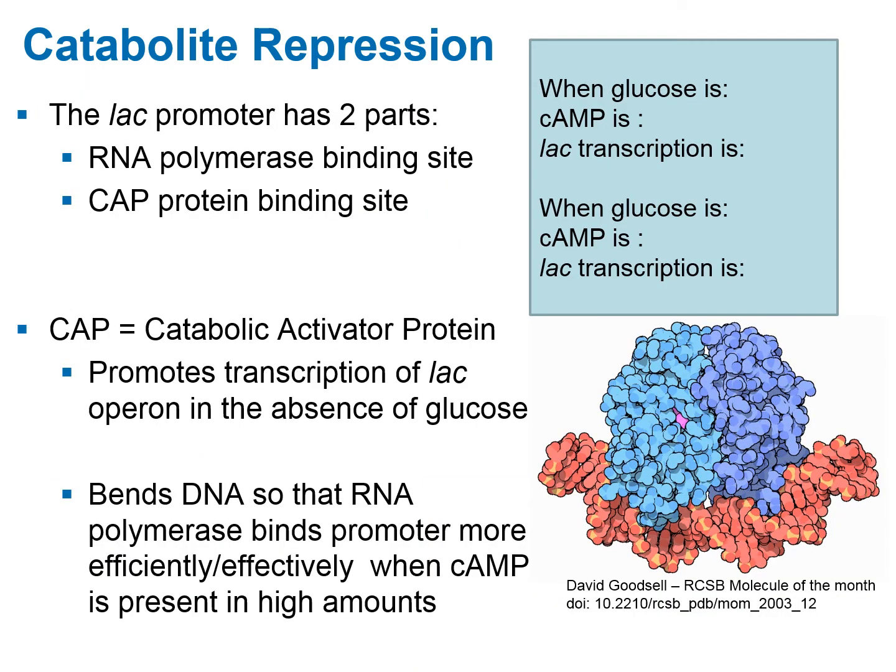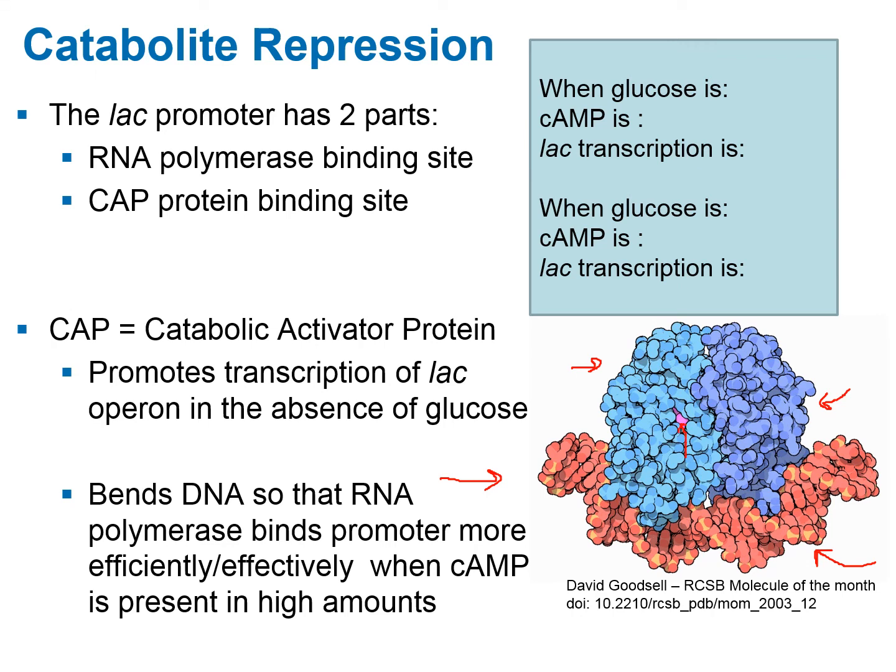All right, so how does the CAP protein work? This is a molecular model showing what happens. The red that you see here, you can almost see that it's a double-stranded molecule. That's DNA. The blue molecules up here are the CAP protein, CAP protein monomers. And then you see this pink here in the middle?